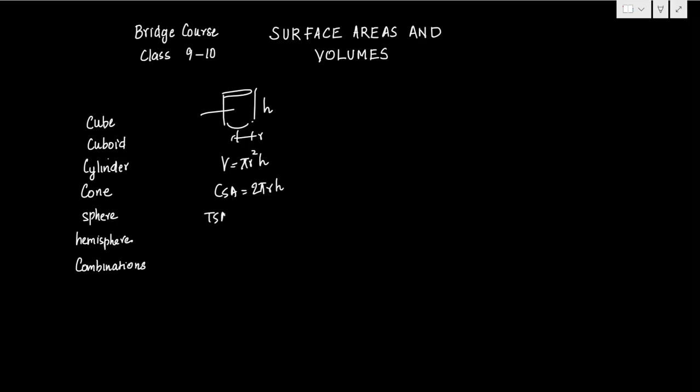Total surface area is the side area plus 2 pi r square. That is because there are two circles, one on the top and one on the bottom.